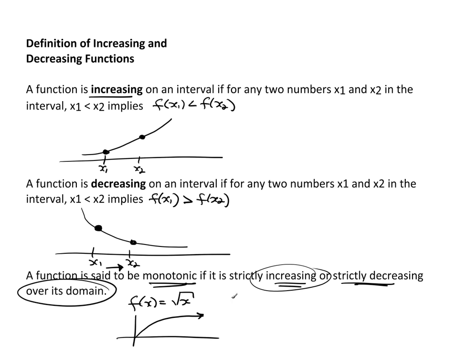That's monotonic increasing over its entire domain. Something like f of x equals negative x cubed would look something like this, and that's decreasing over the entire domain, where this domain is negative infinity to infinity, and this domain is 0 to infinity.